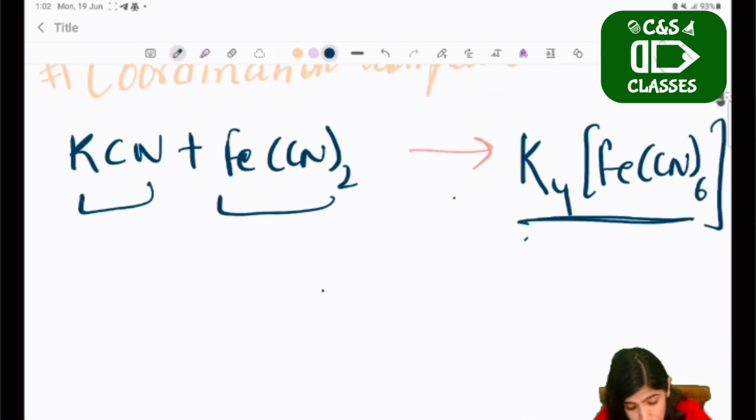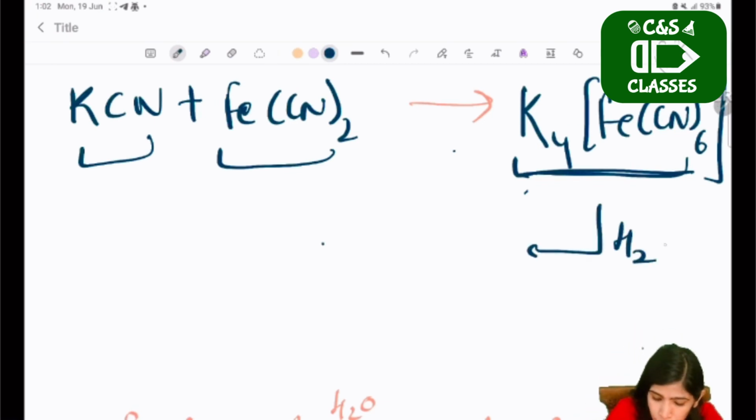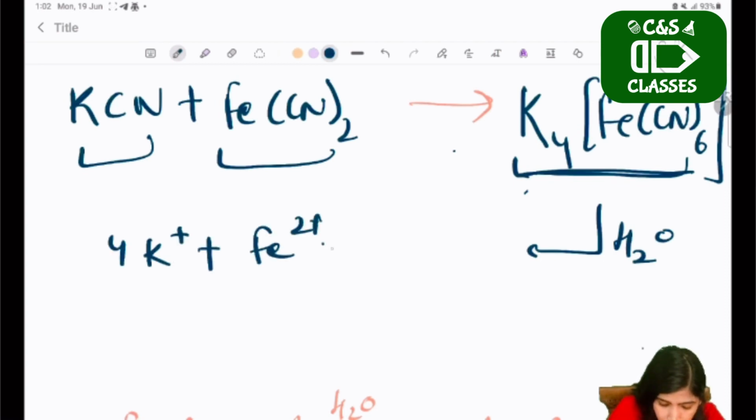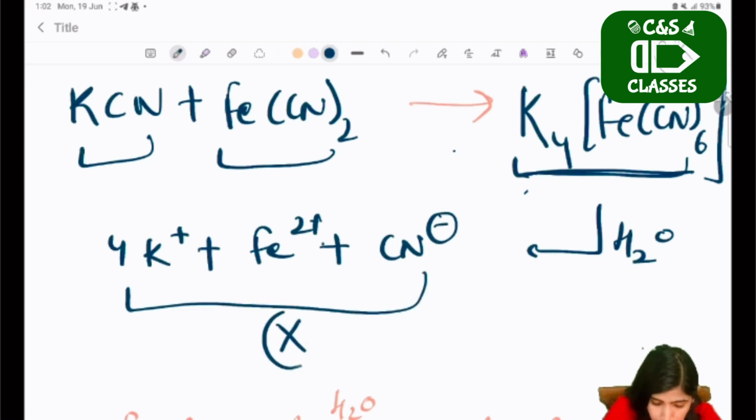But on the other hand, if we talk about this coordination compound, what do we expect if I dissolve this in water? We expect 4K+ ions, we expect Fe2+ ions, we expect CN- ions, right? But this is not actually happening.